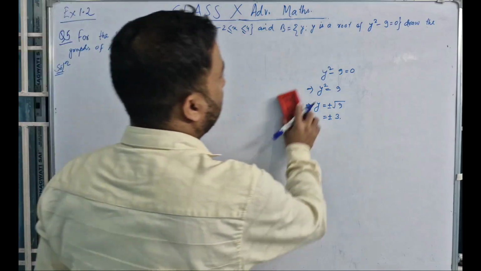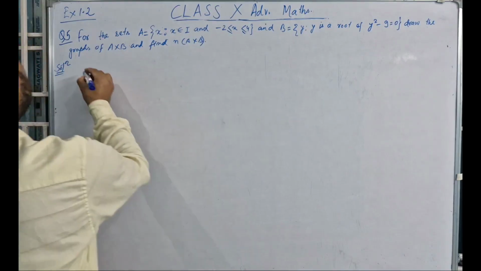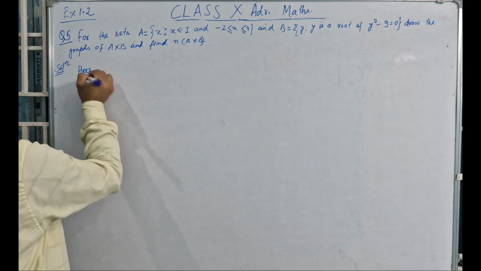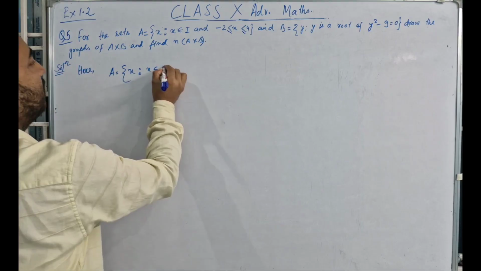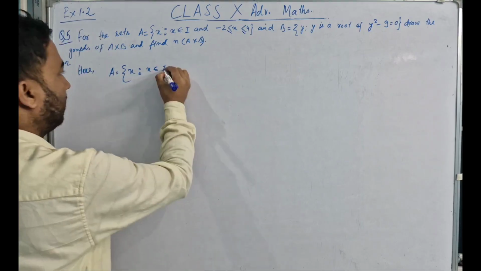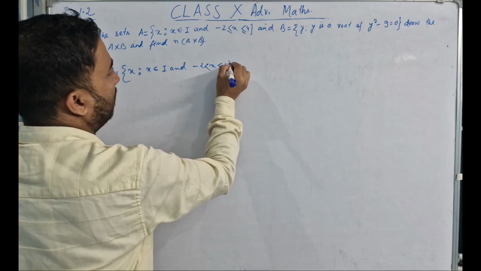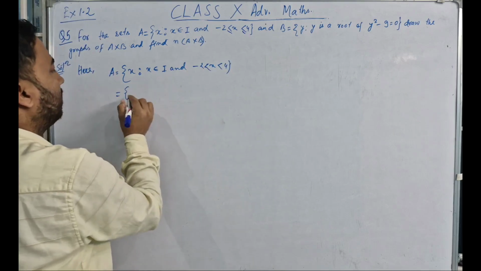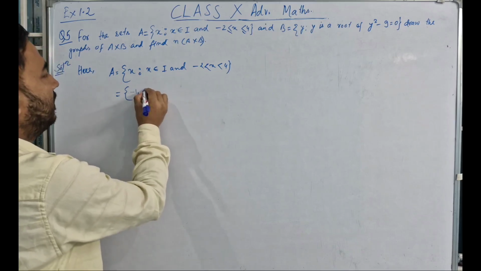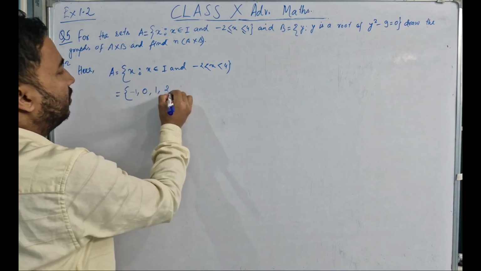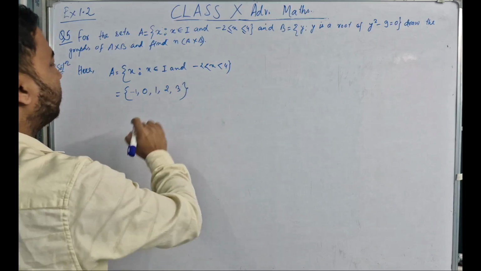After we get the elements of the sets A and B, we can find A cross B, right? So here A is X such that X belongs to the set of integers and -2 less than X less than 4. Therefore A will be equal to -1, 0, 1, 2, 3. 4 will not come here because it is an open interval.